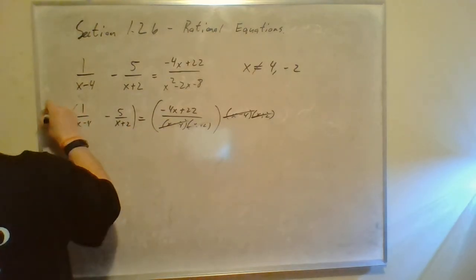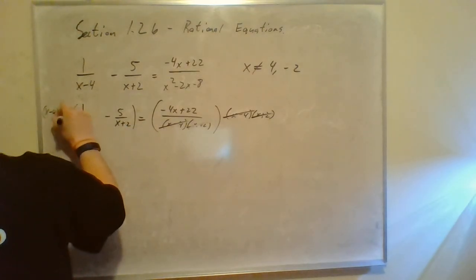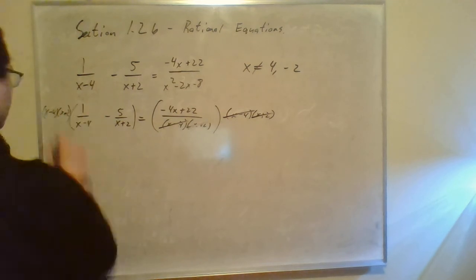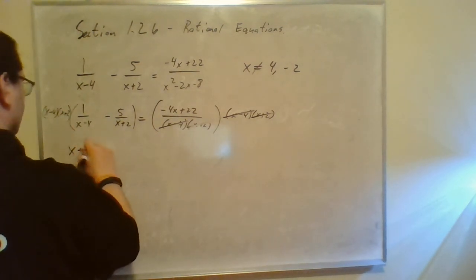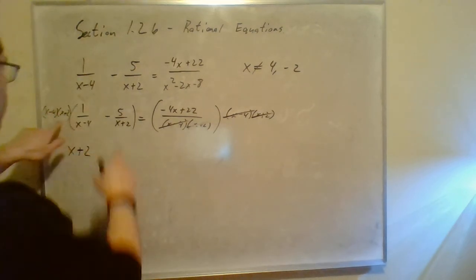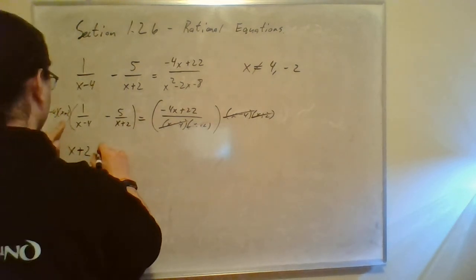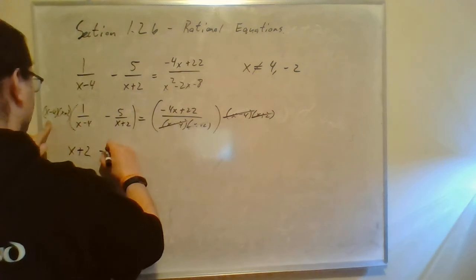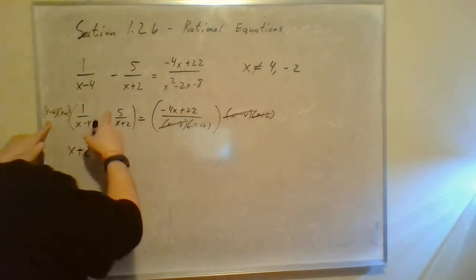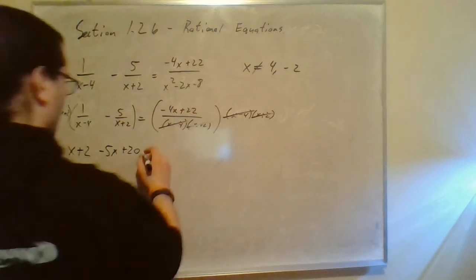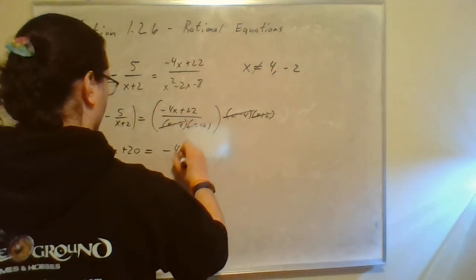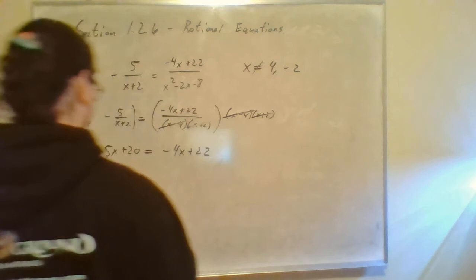And when I multiply by x minus 4 and x plus 2 over here, the minus 4s are going to cancel in this first place and leave me with just x plus 2. And the plus 2s are going to cancel on this piece and leave me with negative 5 times x is negative 5x. Negative 5 times negative 4 is positive 20. And on this side we have negative 4x plus 22.